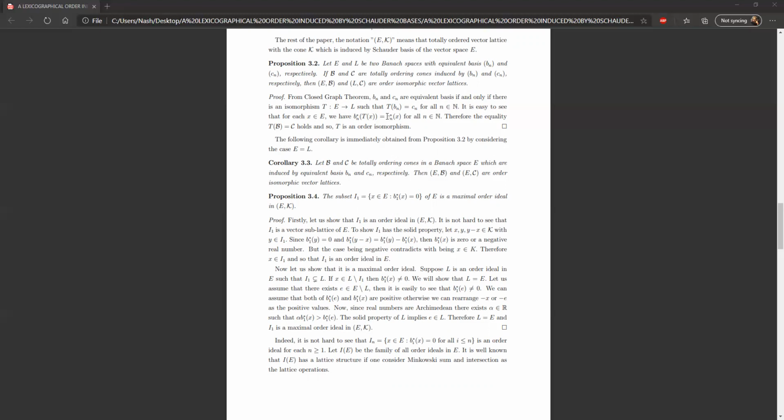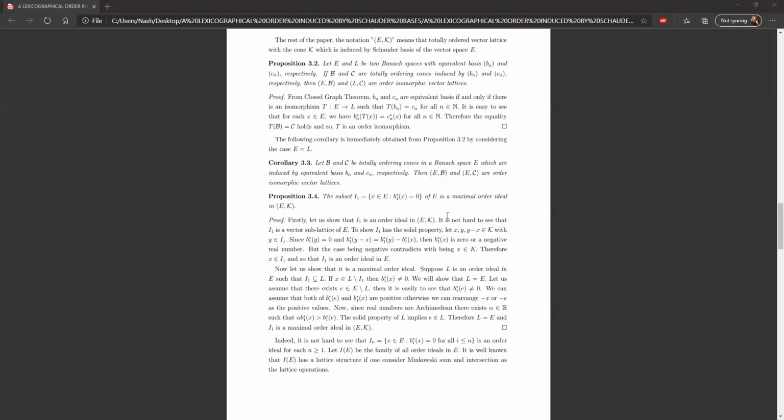The definition of an ideal is: if we have an order relationship, let's say 0 is less than x is less than y, and y is inside our order ideal candidate set, then x has to be in this set as well.